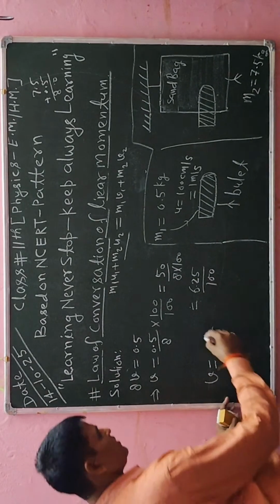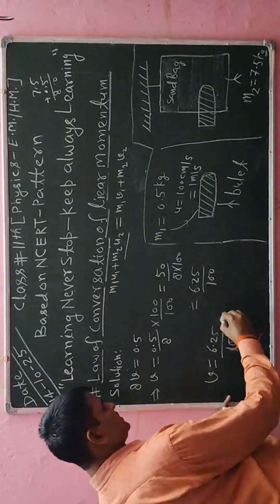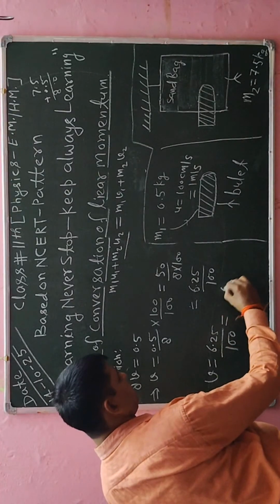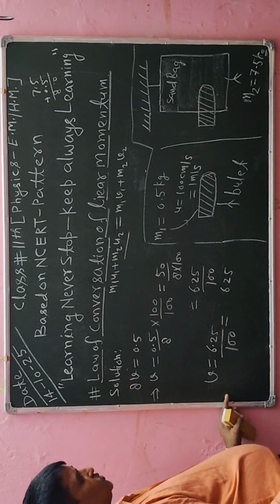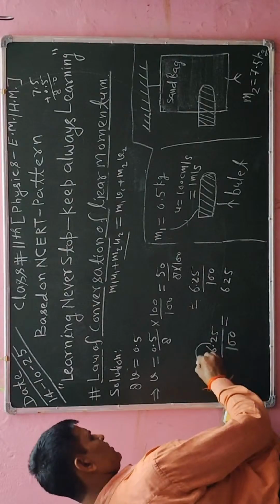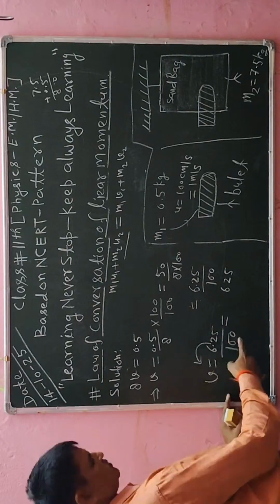Now from the left hand side, I will write 6.25 here. Now the decimal point will move two digits in this direction.